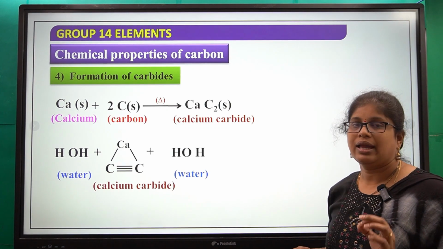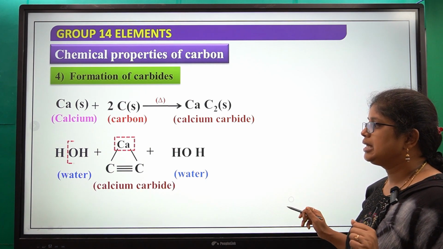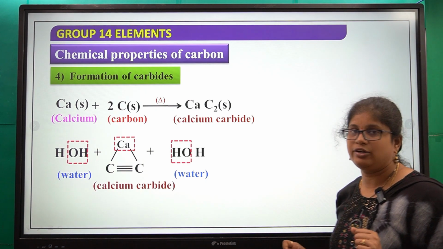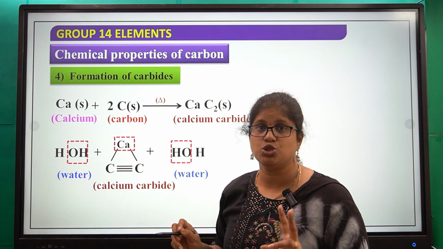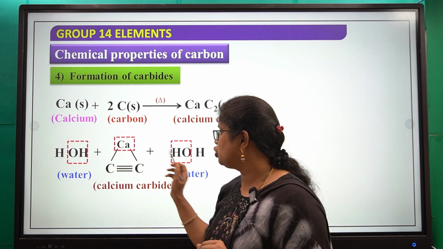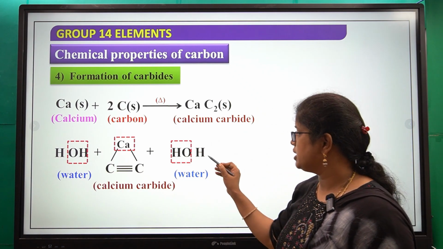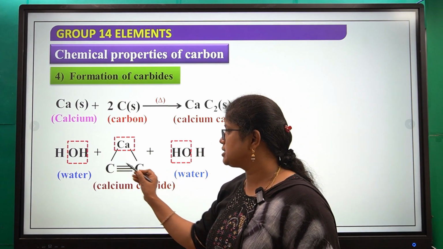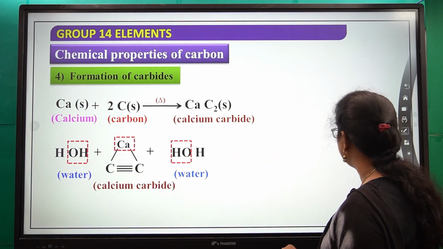Calcium carbide with 2 moles of water gives calcium hydroxide, Ca(OH)2. So 2 OH groups combine with calcium and form Ca(OH)2, and this hydrogen attaches to this carbon and this hydrogen attaches to the next carbon.